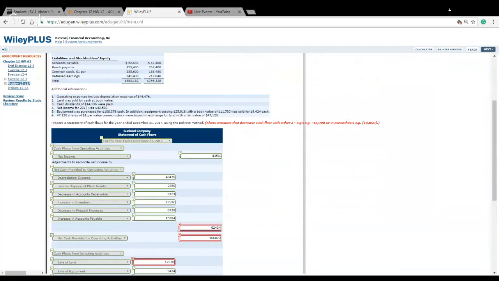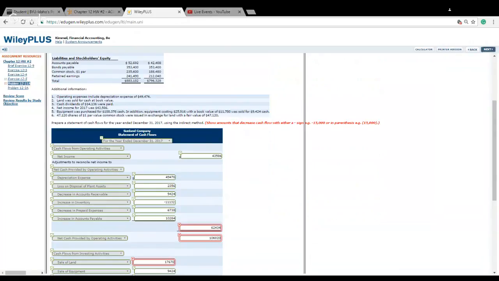For the net cash provided by operating activities, you add up and subtract all these numbers. The number it gave me initially was 69,502 for net cash at first, and then I'm sorry, 67,146.